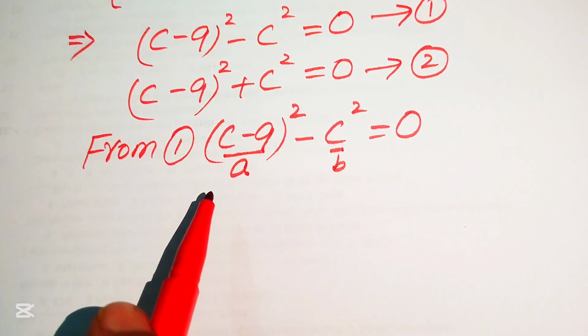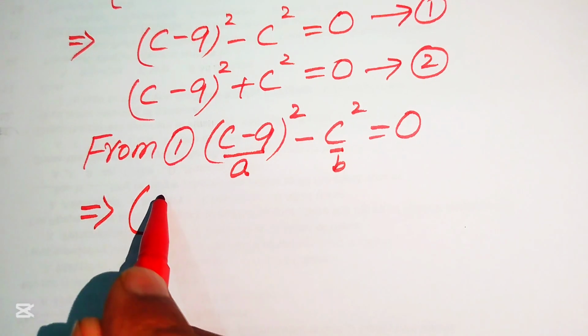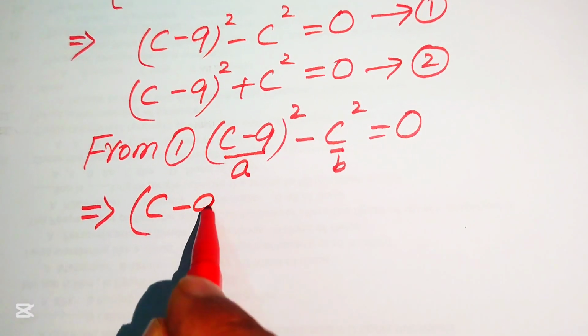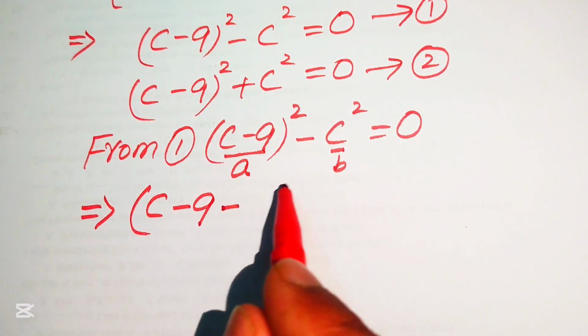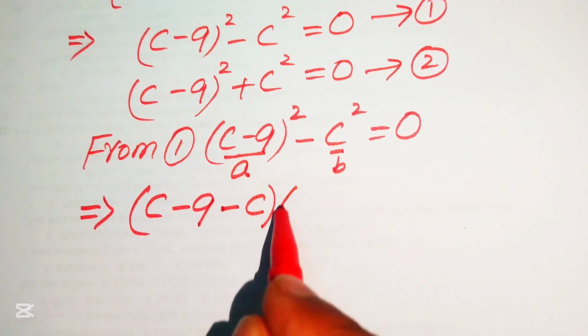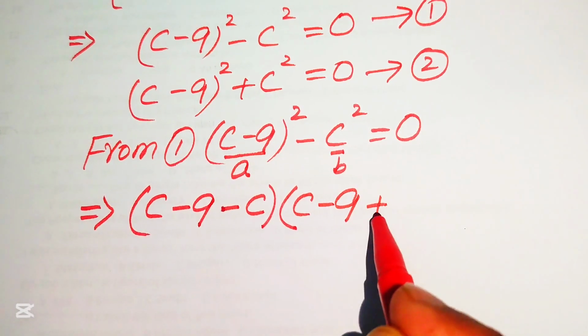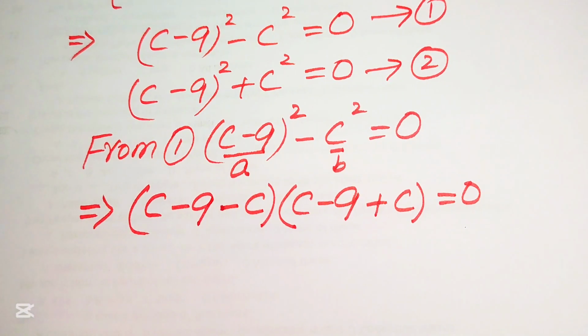Again we have a^2 - b^2, so we write it as a minus b, which is (c - 9) - c, times a plus b, which is (c - 9) + c, and this whole equation equals to 0.